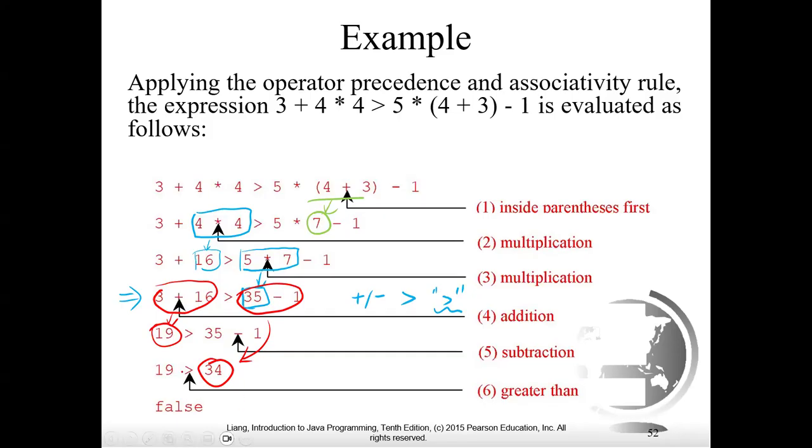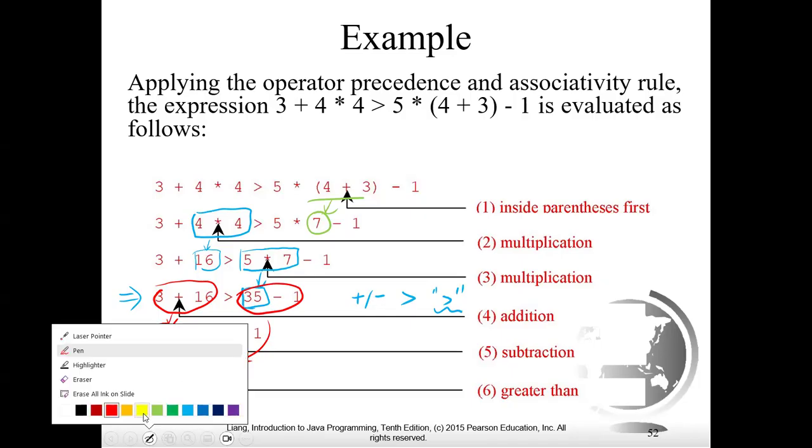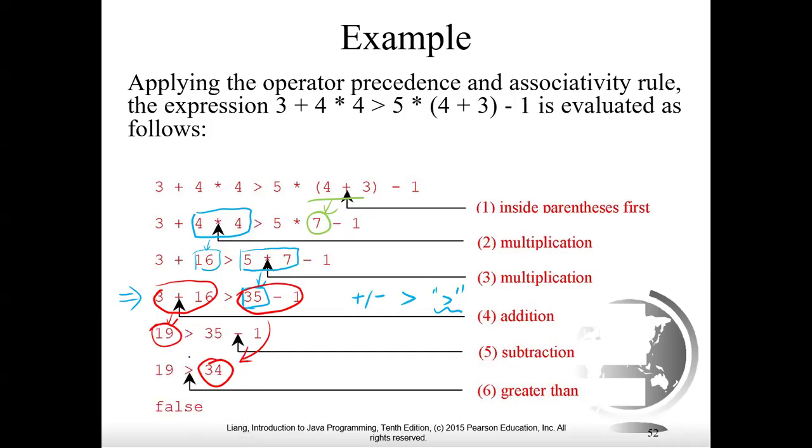After that, we make the relational operator work, which gives us false. And that is operator precedence and associativity rules.